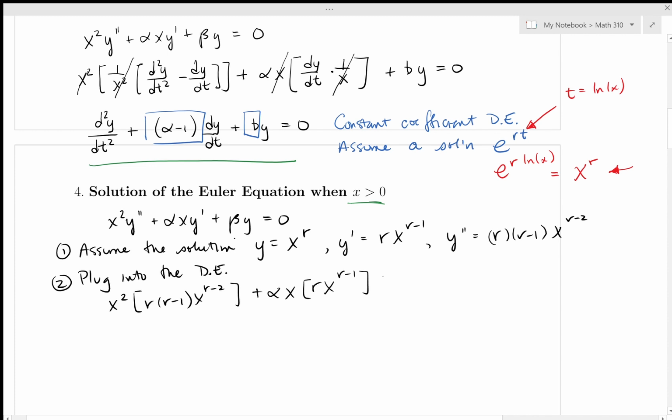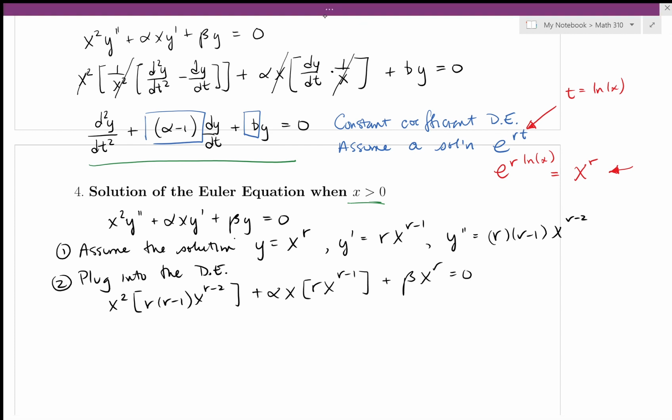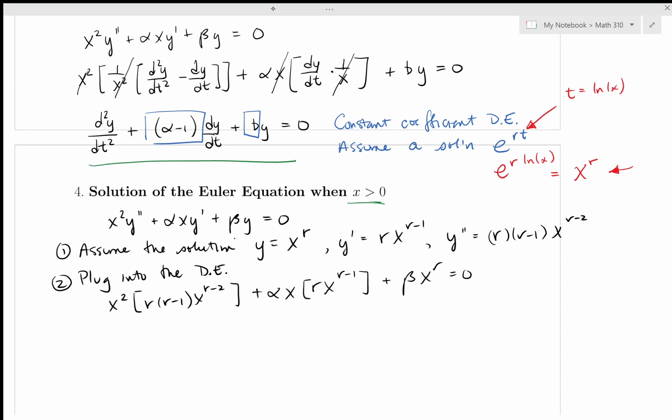And then beta times y. What is y? y is x to the r, and that's equal to 0. And you're going to see right away why this works so nicely, because what is happening here is that I have x times x to the r minus 1 giving me x to the r, and I have x squared times x to the r minus 2 also giving me x to the r.